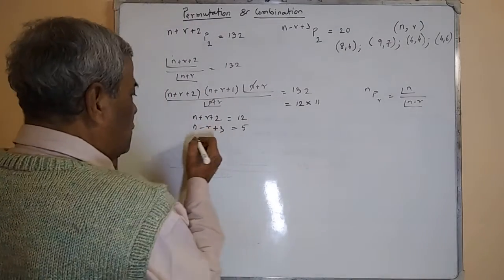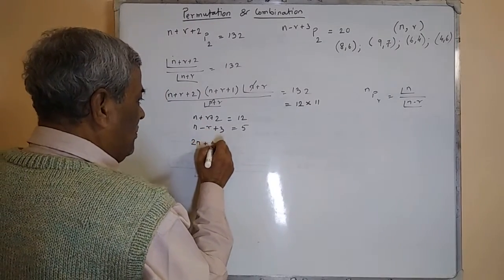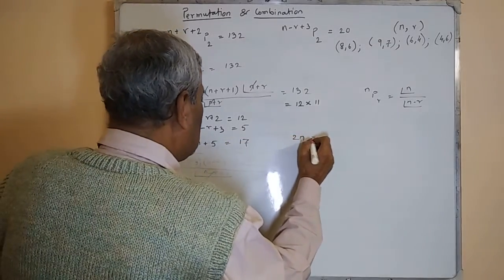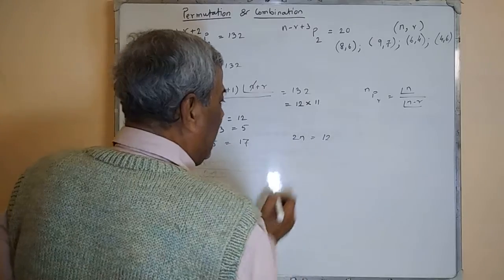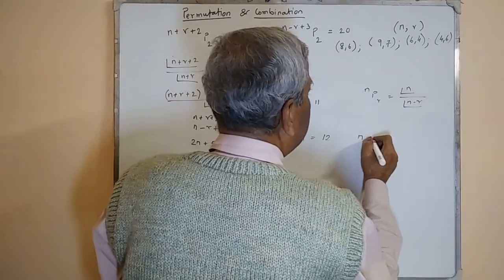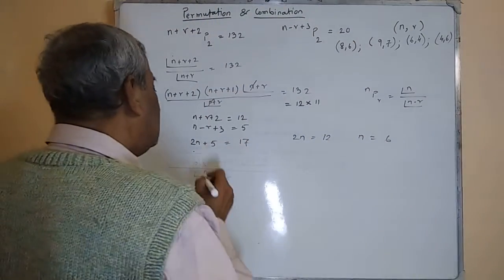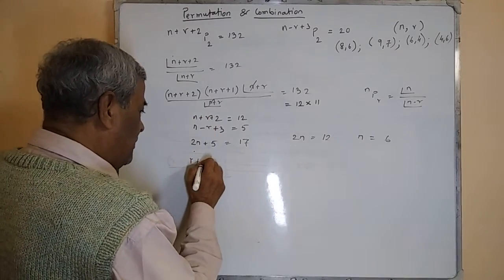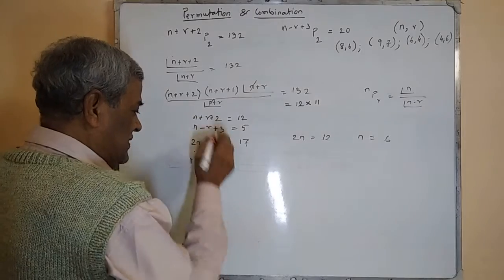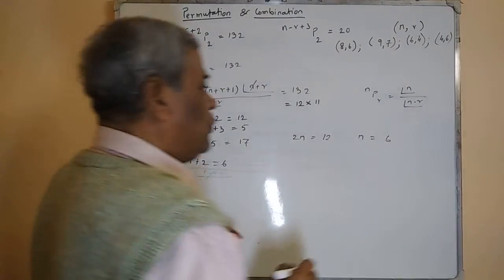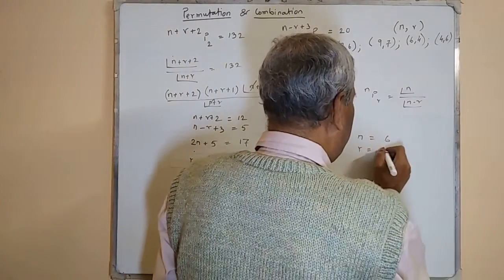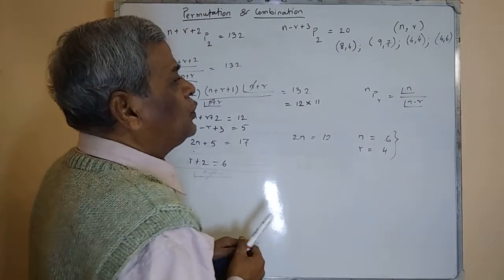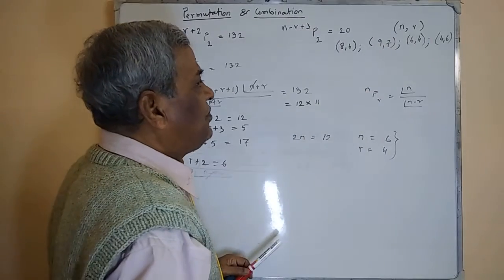Adding them, 2n plus 5 is equal to 17. Then 2n is equal to 12. n is equal to 6. And r, if n is equal to 6, then r plus 2 is 12 minus 6, that is 6. So r is 4. So our answer is 6, 4. So the third option is correct, this one.